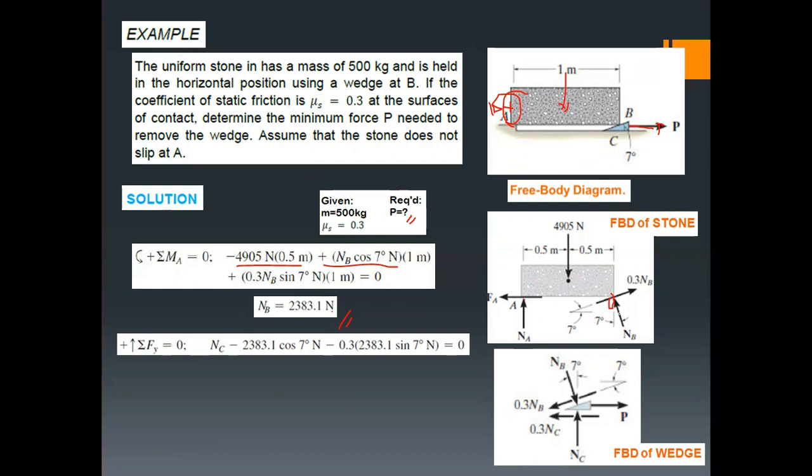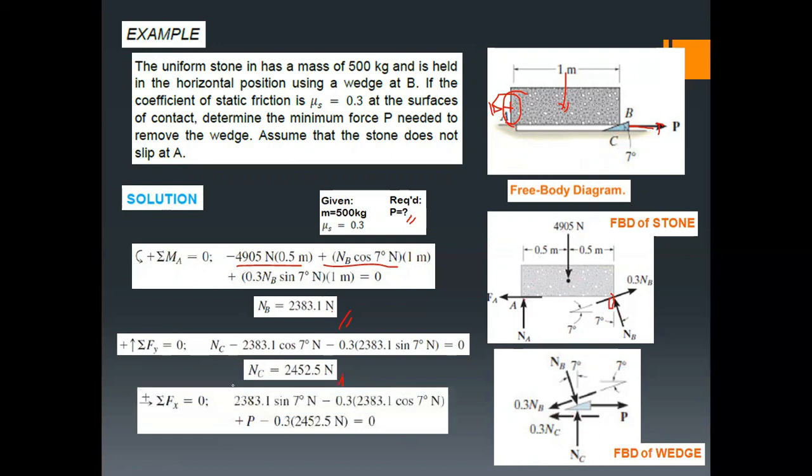And then, the summation of forces, since we already got the forces at NB. So, simply NC: we get the reaction, or the force applied at NC and our wedge. So, we'll get 2,452.5 Newton. Okay? And then the summation of forces at X. So, we get our P here since you're given this.